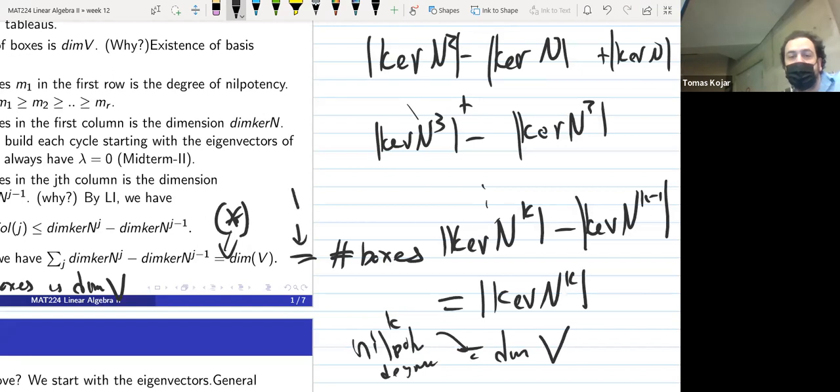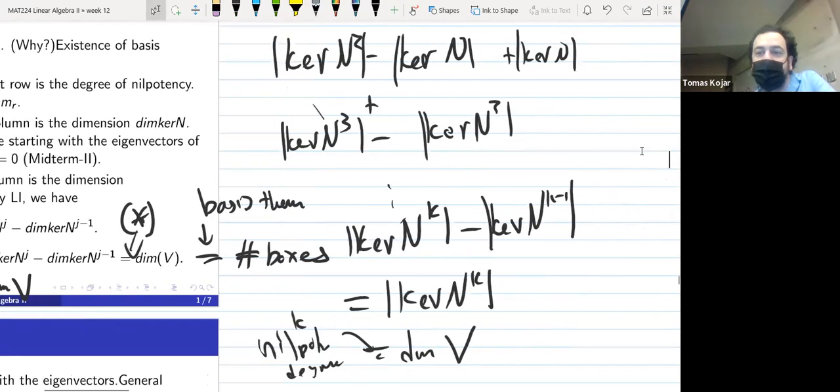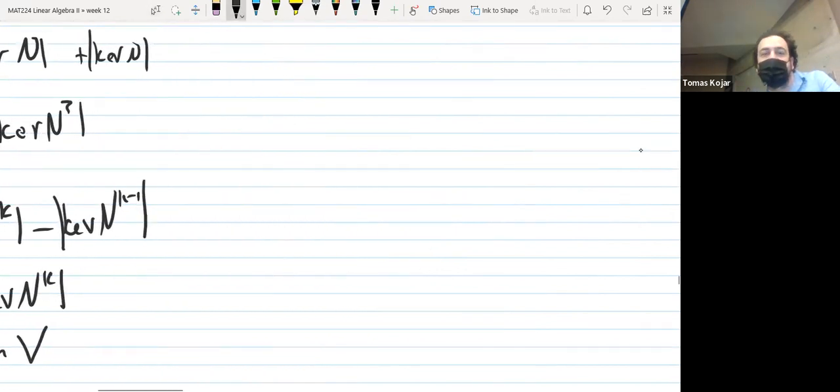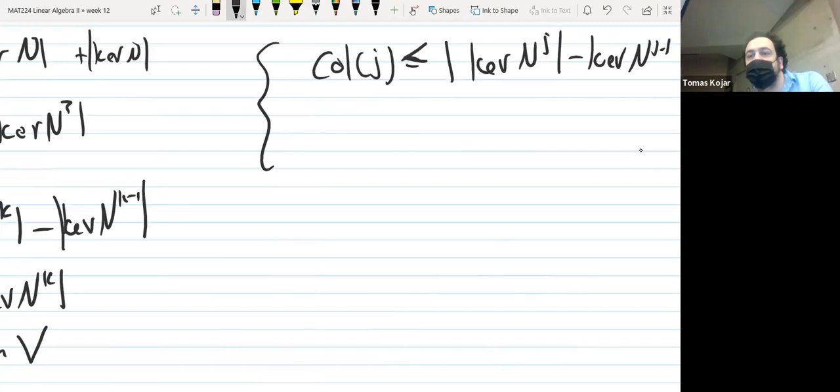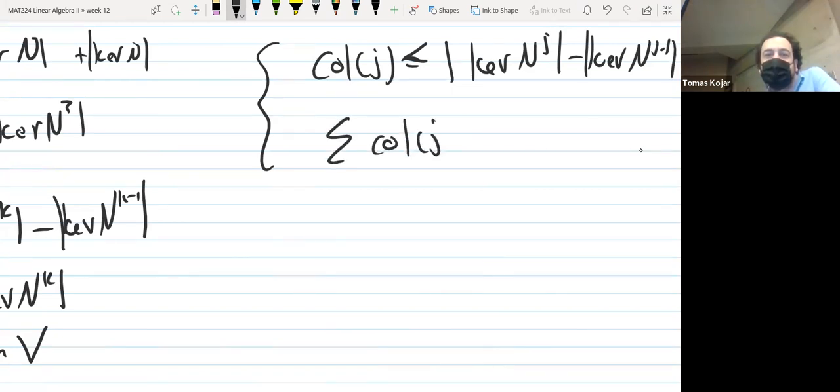We will prove this, called the basis theorem, on Monday. Then I don't know if you can get it from here, but let me put them together and see if you can. The column of J is less than or equal to dim kernel of N^j minus kernel of N^(j-1). And you also have that the summation of the columns is dim V, which is also equal to this difference of kernels.